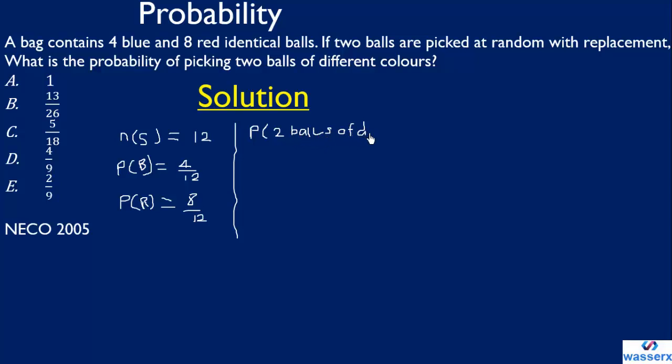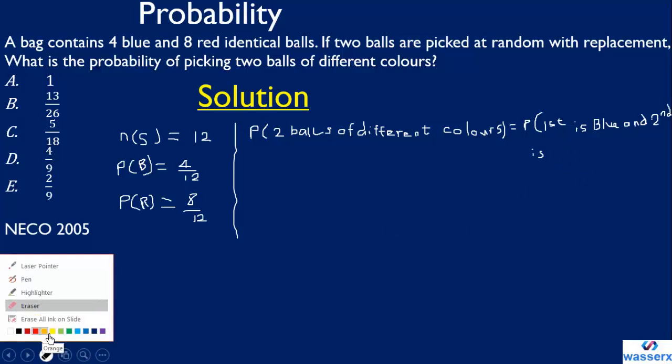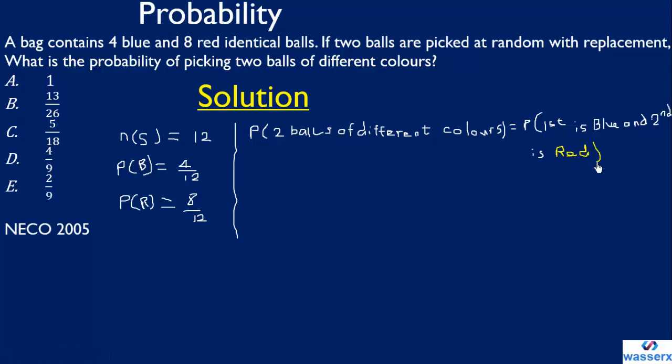Now we're asked to calculate that 2 balls are picked and they are of different colors. So the probability of 2 balls that are of different colors will be equal to, different colors mean either the first ball is blue and the second one is red, sorry, not white, or the first one is red and the second is blue.